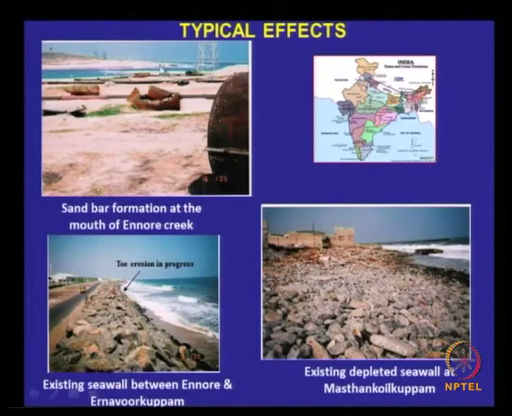You see that one good thing that happened was the opening of the river mouths, which is always a perennial problem of sandbar formation, which we have already seen earlier. During the tsunami that was the only plus point, that it got removed. Toe erosion was one serious problem that took place during the ingress of the tsunami.